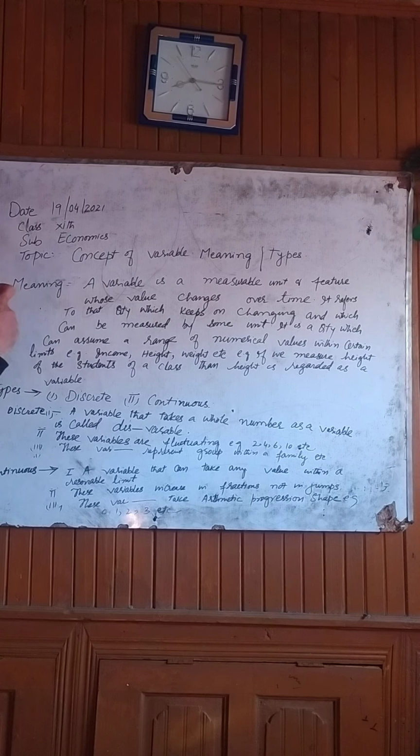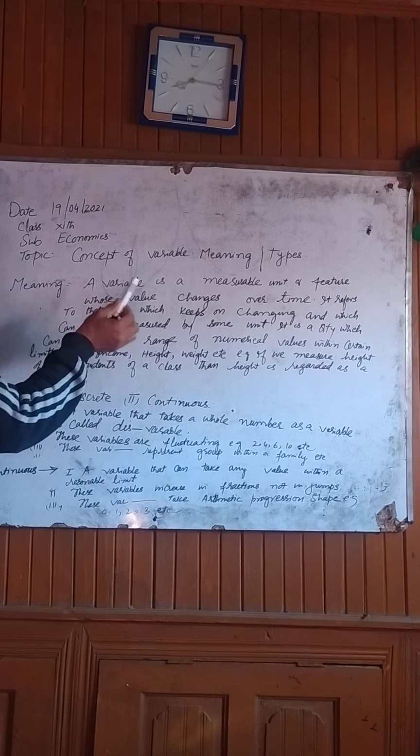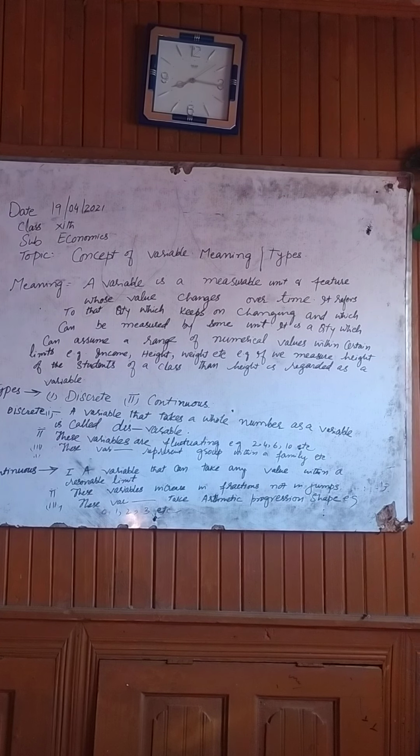In order to know about the change, the positional change of a unit, we have to go to the basic concept, that is the unit which we are going to ascertain. A variable is a quantity which can assume a range of numerical values within certain limits.